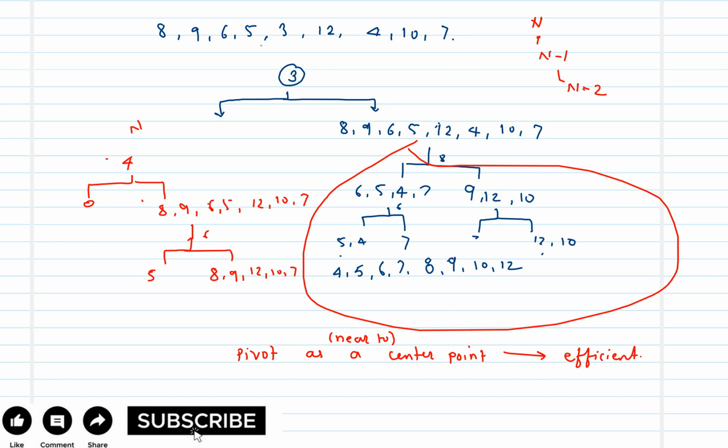So for the worst case, the recurrence relation is T of n equals T of n minus 1 plus n. If you remember recurrence relation solving example 4, we solved this example, which leads to a complexity of big O of n square.